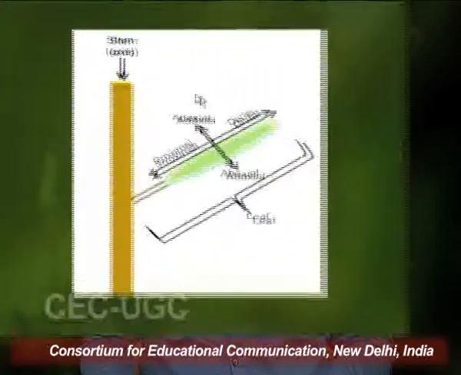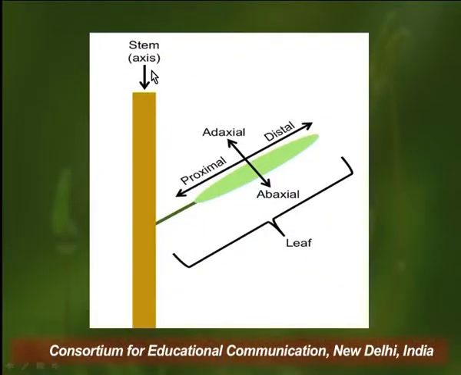Now, for the sake of some clarity, let us understand the basic concept of adaxial and abaxial side with the help of a small diagram. In the diagram you can see that there is a central stem axis, and on the lateral side of this central stem axis arises a leaf.